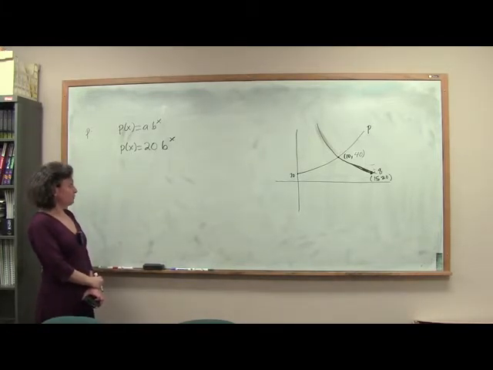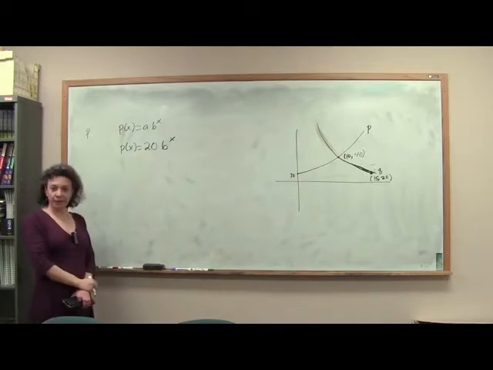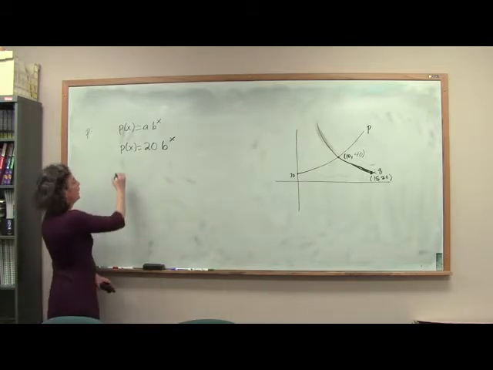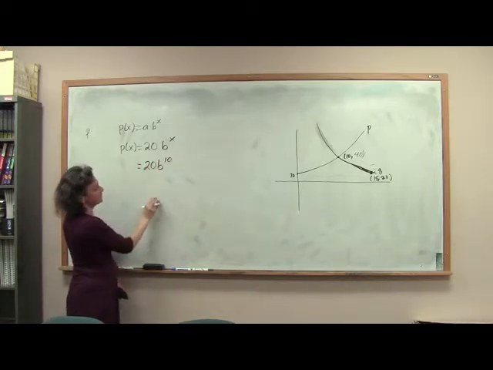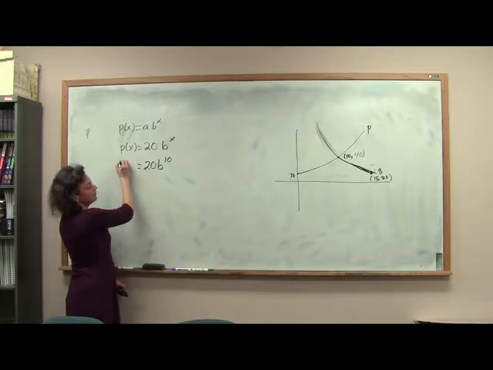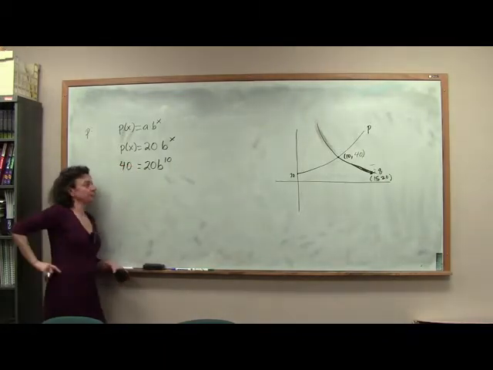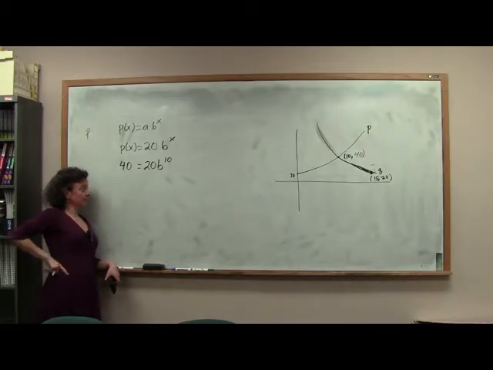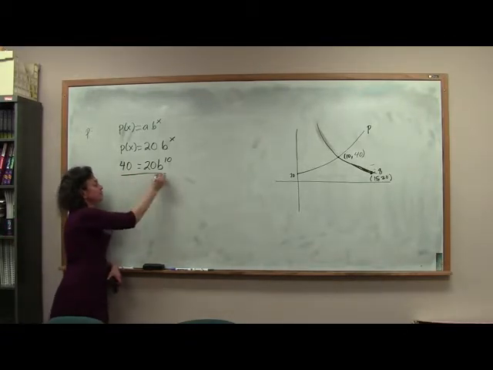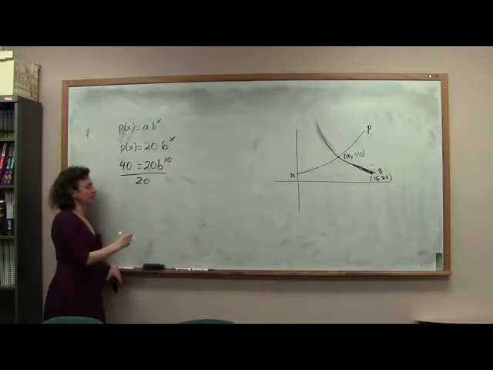Okay? Can I find my value of b? Absolutely. I have another ordered pair. I'm going to plug them in. I know that when x is equal to 10, my function is equal to 40. Okay, so how do we go about solving this? The first thing we do is we isolate our exponential.